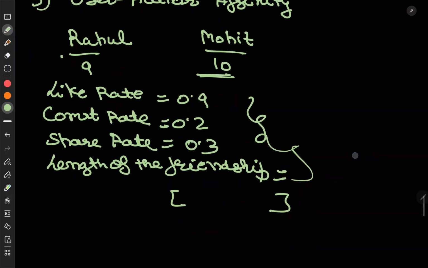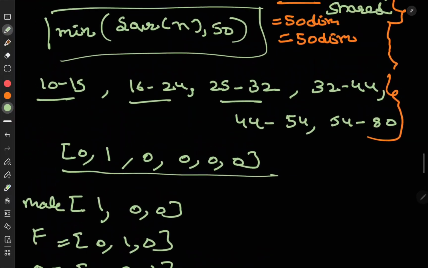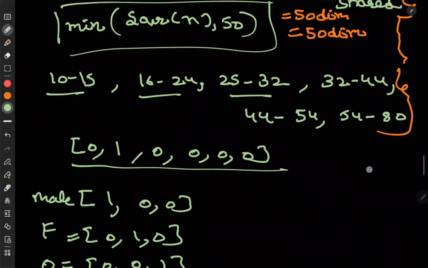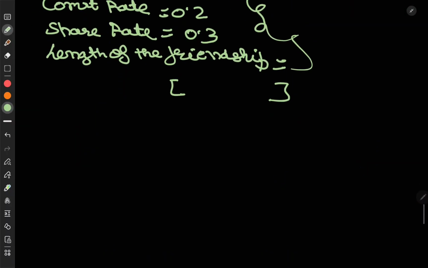Now somehow we are going to use this data to train our model. But how are we going to do that? What model are we going to use? That is the question.